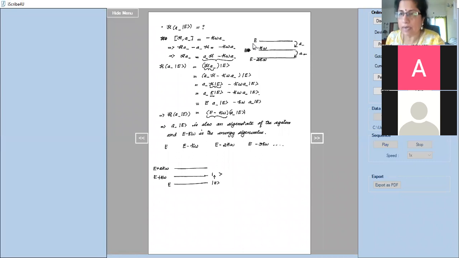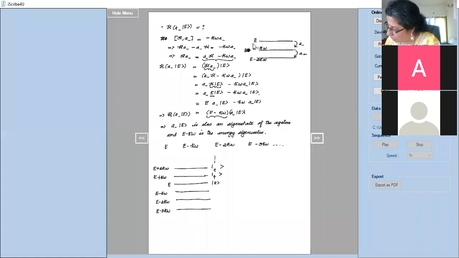We will name it as we go along. Here you have climbed to another state, and you can keep going. And then with A minus, what did we realize? That we can also go to E minus H cross omega, and then E minus 2H cross omega, and then E minus 3H cross omega.